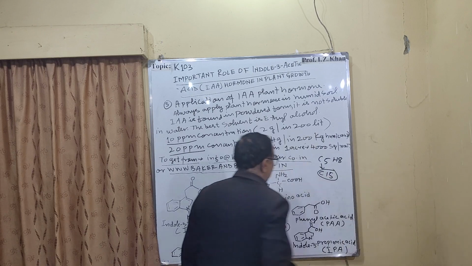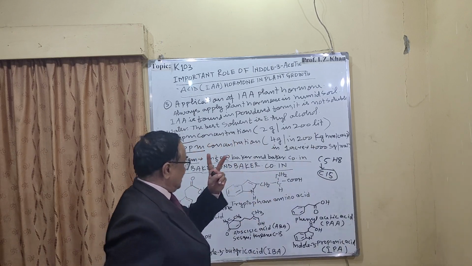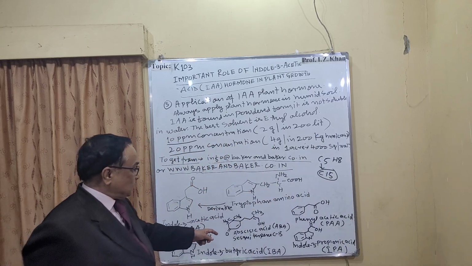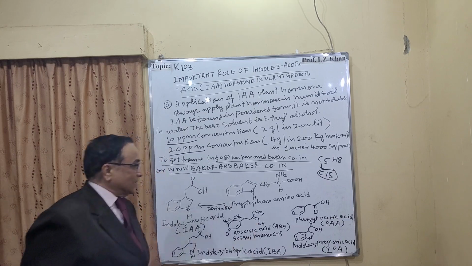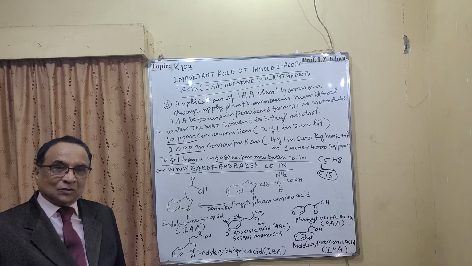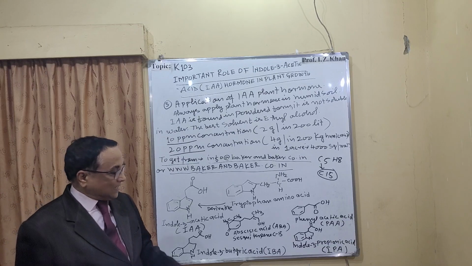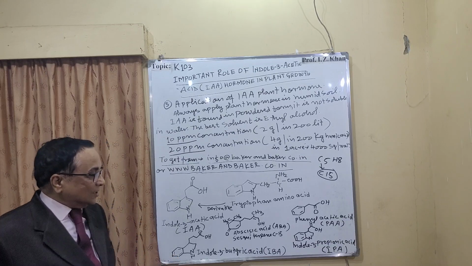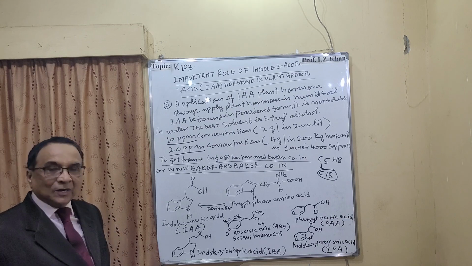So in abscisic acid, called ABA, there are 3 isoprene units, and it is a sesquiterpene. Then the other one is indole 3 propanoic acid.